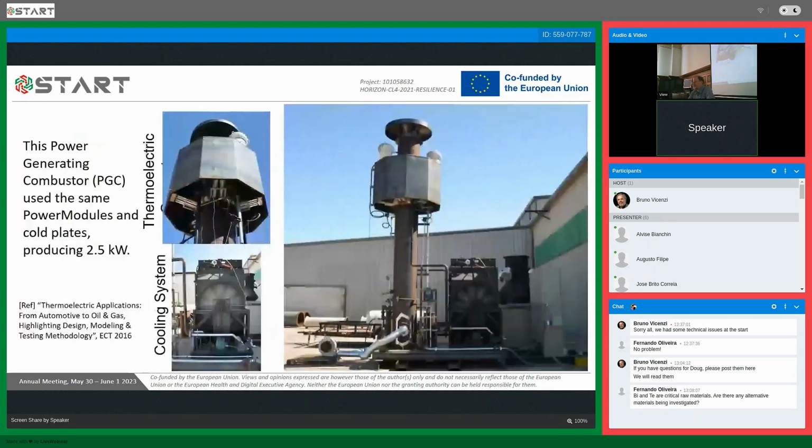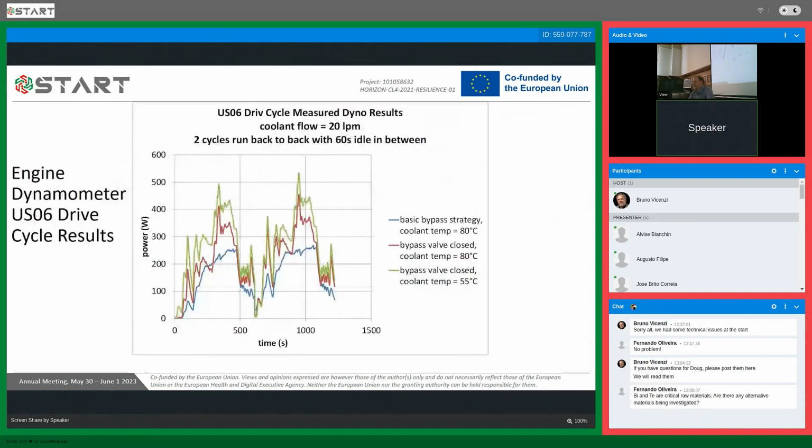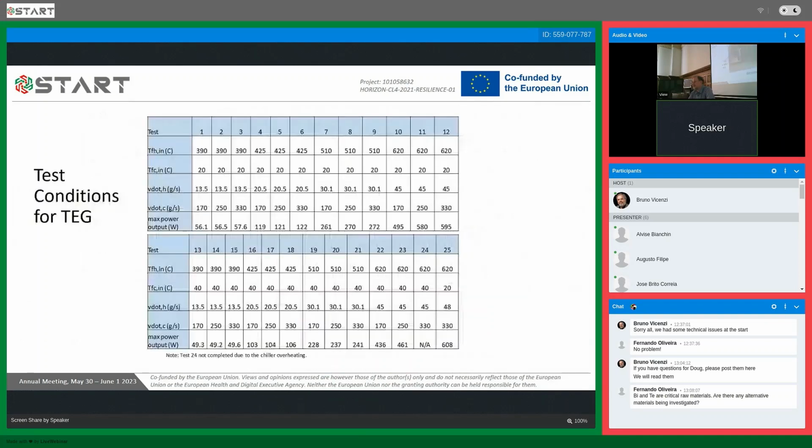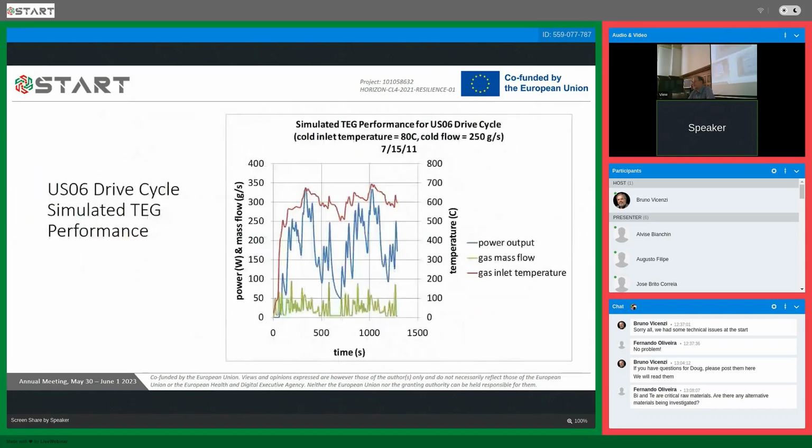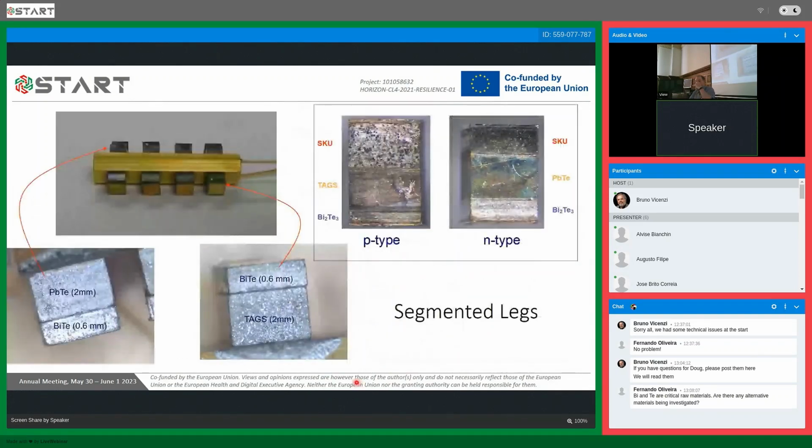So yes, and I'll just go back. I have looked at many different materials. This example is showing bismuth and tellurium, bismuth telluride. That is still the most prevalent thermoelectric material in the world today. It has both P and N type alternatives, which also makes it valuable.